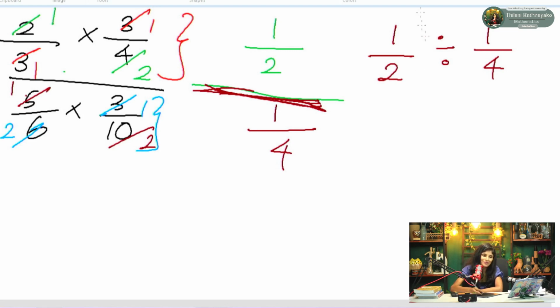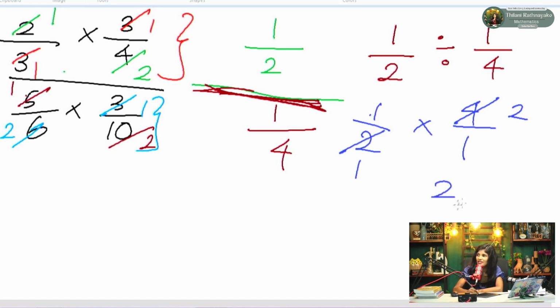Now you can simplify. Now you know how to do this. Half multiplied by 4 over 1. Convert this division into a multiplication sign and take the reciprocal. Okay. 2 times 1, 2 times 2. So 1 times 2 is 2, 1 times 1 is 1. The answer is 2. That's it.